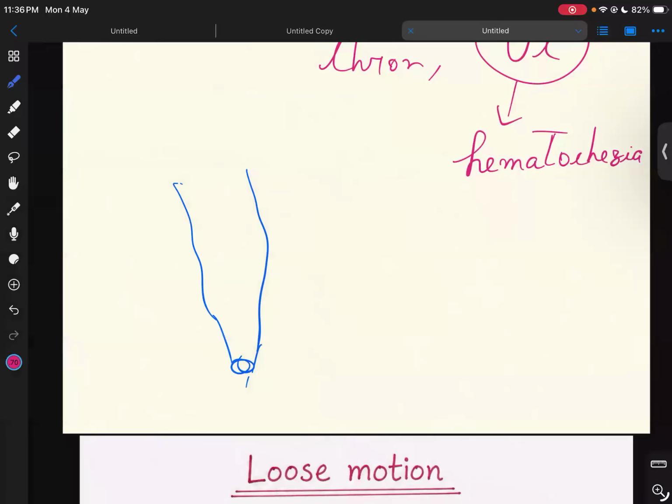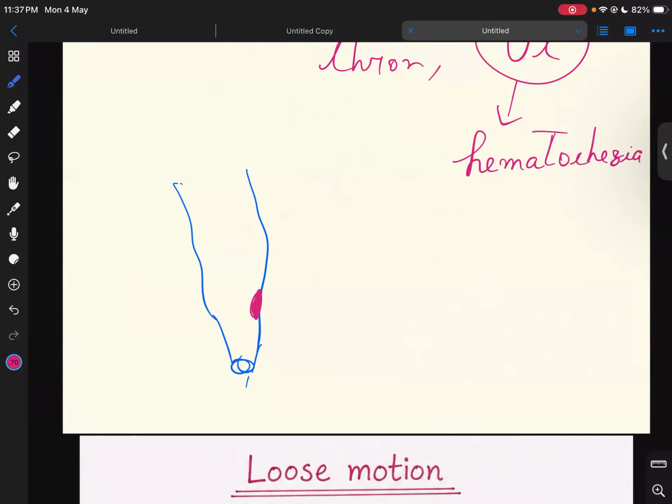If anything occurs in this rectal wall, suppose this can be an ulceration due to ulcerative colitis or due to proctitis, or this can be a growth like cancer. This is going to create continuous irritation to the rectal wall. So the patient will feel continuous irritation.